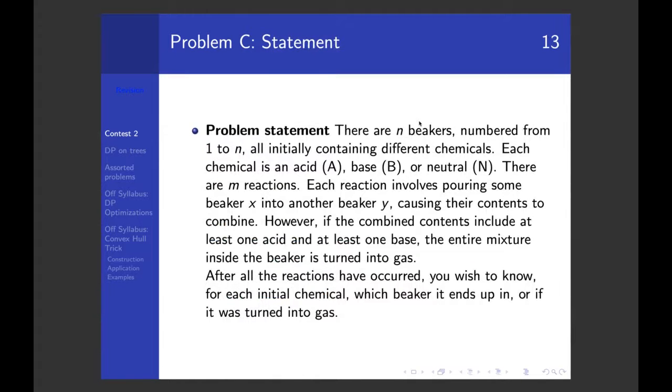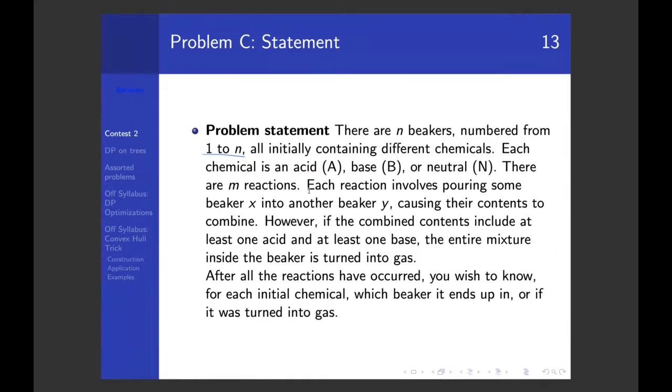This is Beakers, or Scientists, I think it was called. In the problem, you have n beakers numbered from 1 to n, all initially containing different chemicals, although each chemical is A, B, or C: acid, base, or neutral. M reactions occur. Each one involves pouring the contents from one beaker into another, and the contents combine.